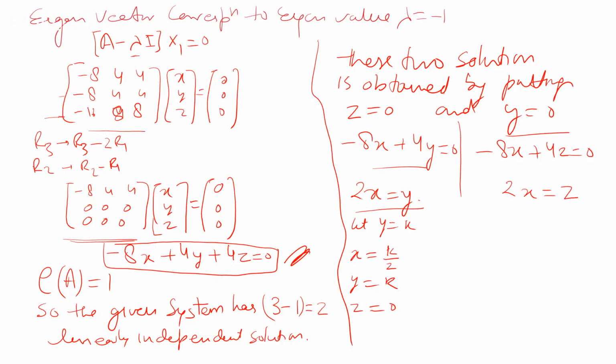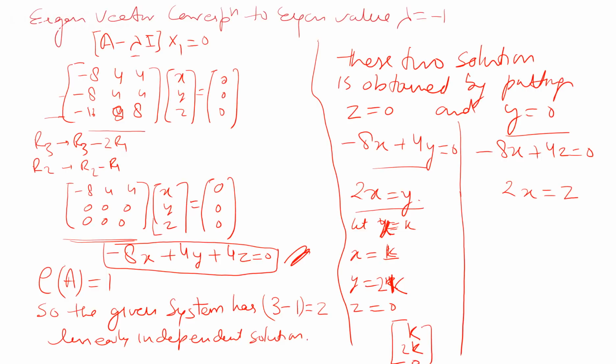Here you can also take x equal to k, so it is easy to remember. So x is k and y is 2k. Now the vector is k, 2k and 0.